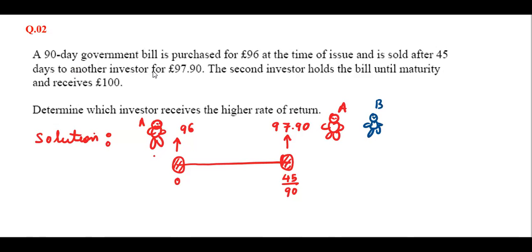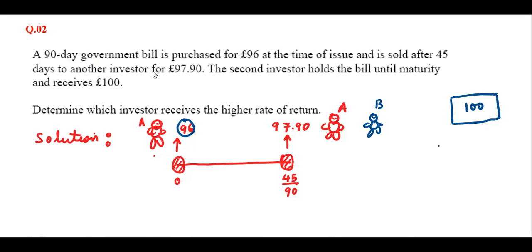The second investor holds the bill till maturity and receives 100. Normally, when we talk about government bills, they issue at a discount. They issue at a discount means they will say you pay something less than 100. Here the price is 96.